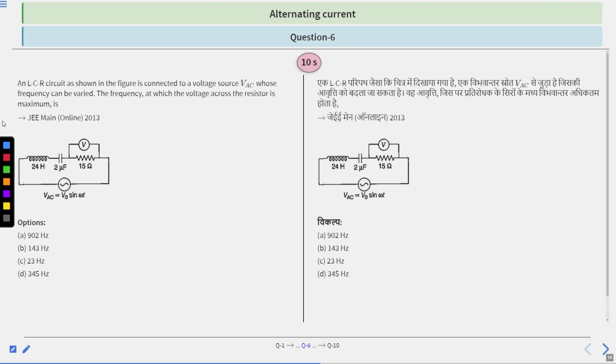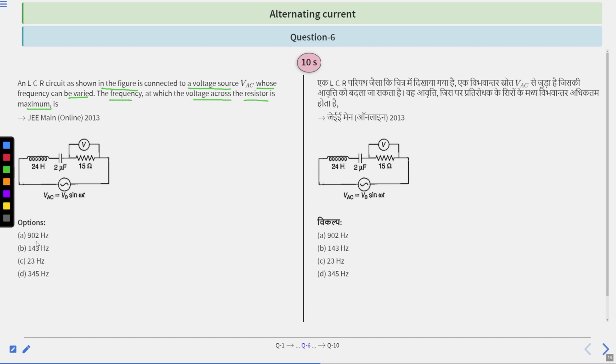Question 6. An LCR circuit as shown in the figure is connected to a voltage source V AC whose frequency can be varied. The frequency at which the voltage across the resistor is maximum is what? This question asks about the frequency where the voltage across the resistor is maximum.